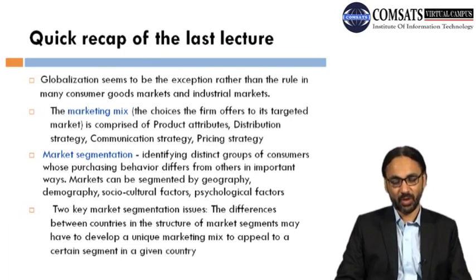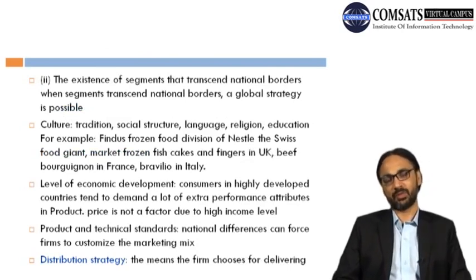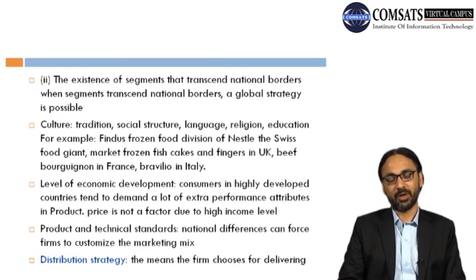The first is differences between countries in the structure of market segments, which may require a unique marketing mix to appeal to a certain segment in a given country. The next is the existence of segments that transcend national borders. When segments transcend national borders, a global strategy is possible.